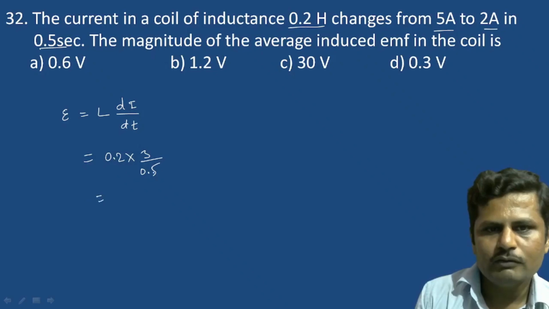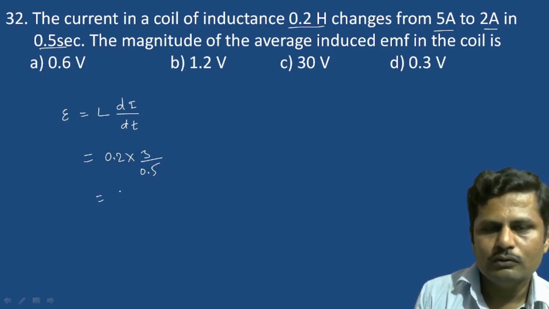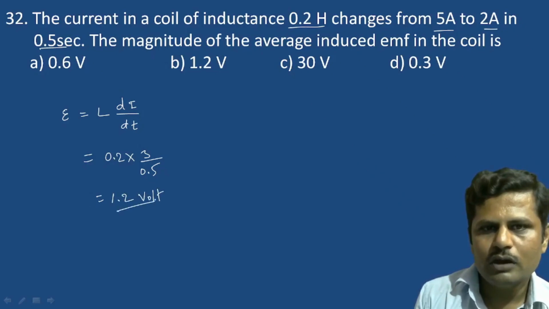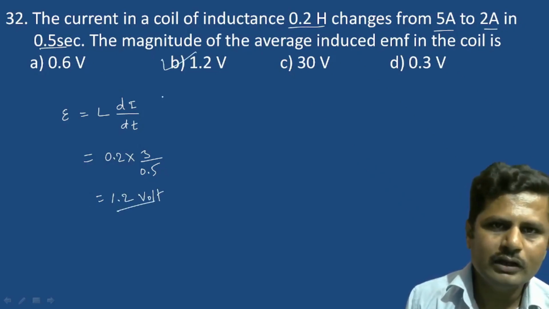So 0.5 is nothing but 1 by 2. So 1 by 2 is 3 into 2 is 6, 6 into 0.2, that is 1.2. That is, the average induced EMF in the coil is 1.2 volt. So option B would be the correct answer for this question. Okay.